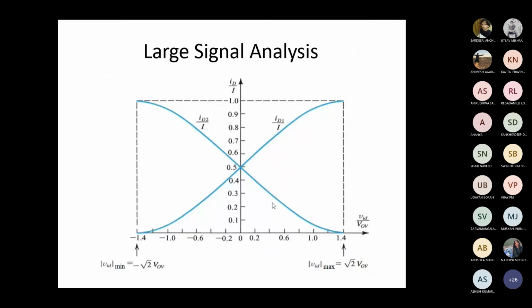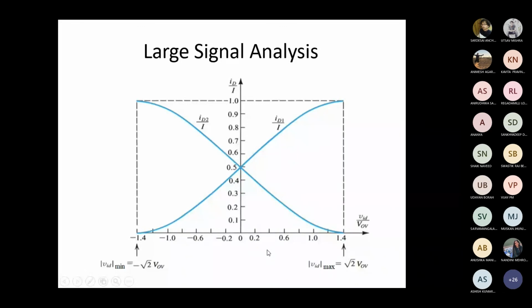From this curve, we can infer many things. You can see VID is the input voltage which is varied from minus root 2 times the overdrive voltage to plus root 2 times the overdrive voltage, and this is the operating range.